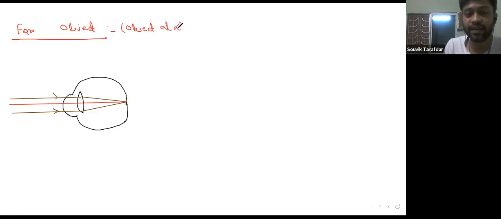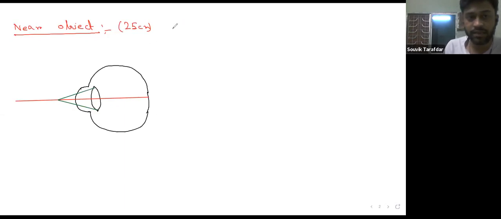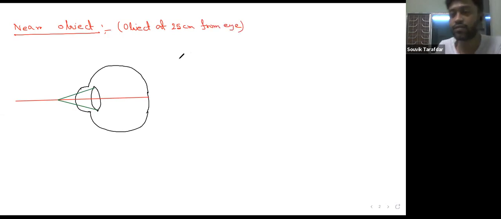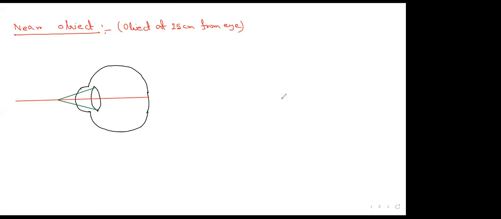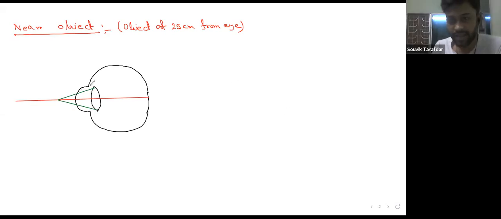And near object means object at 25 centimeter from the eye. Am I clear, students? Yes, sir.